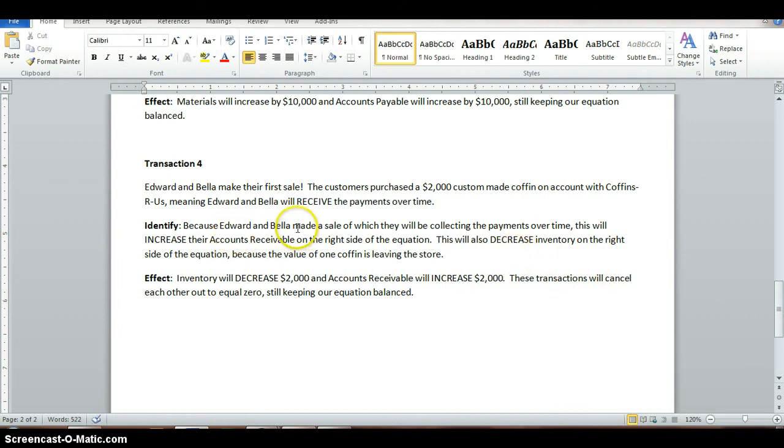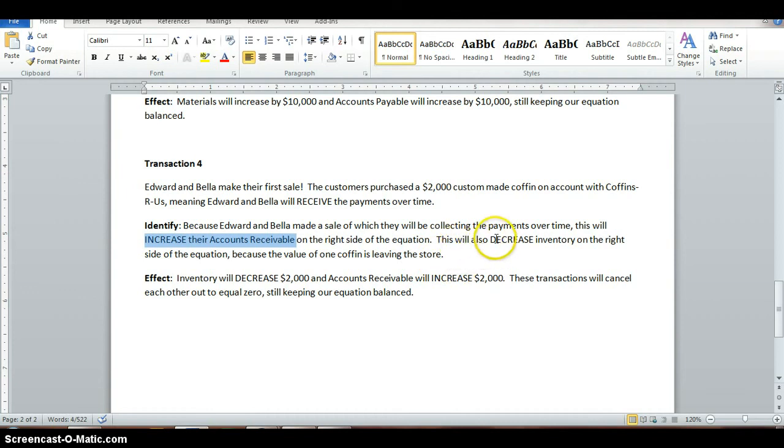So that tells us they'll be collecting payments over time. This is going to increase their accounts receivable. We're not getting the cash right away, so it's not going to increase our cash. It's increasing accounts receivable, which tells us we will be receiving this amount of money in the future.